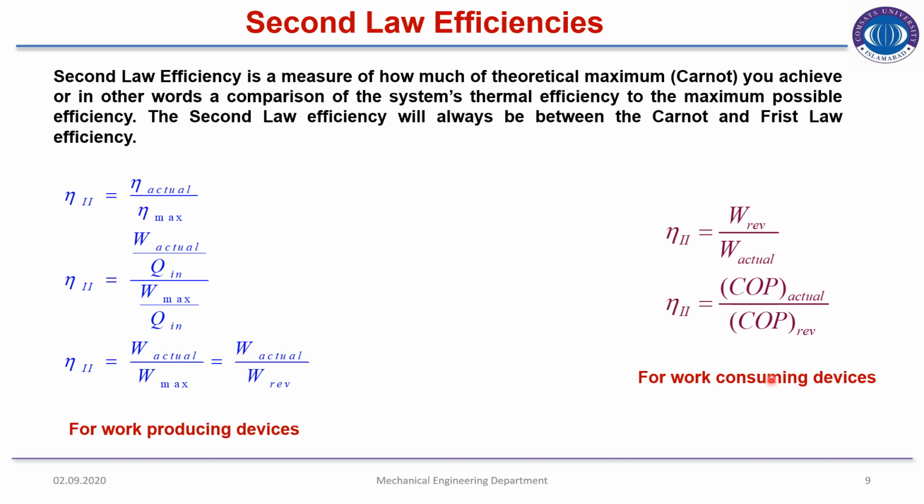For work consuming devices like refrigerators and heat pumps, we use the relation in purple color. Here we have W reversible in the numerator and W actual in the denominator. For work producing, W actual is in the numerator and W reversible is in the denominator, whereas for work consuming devices W reversible is in the numerator and W actual is in the denominator. So these are opposite.